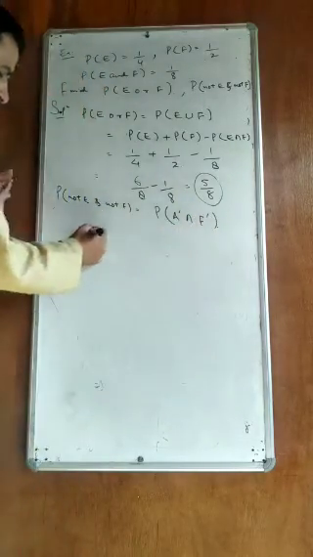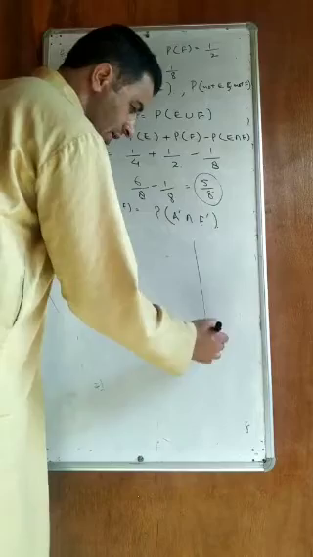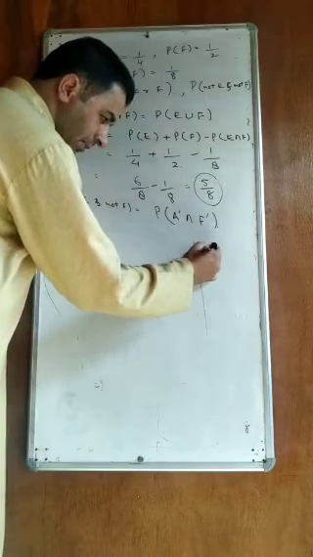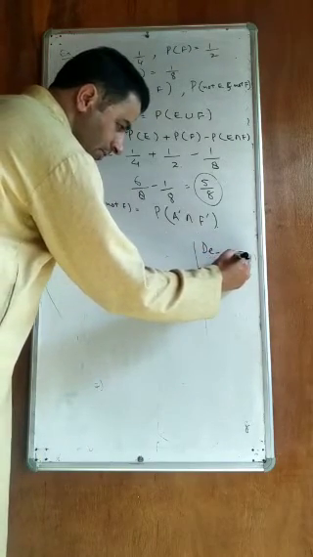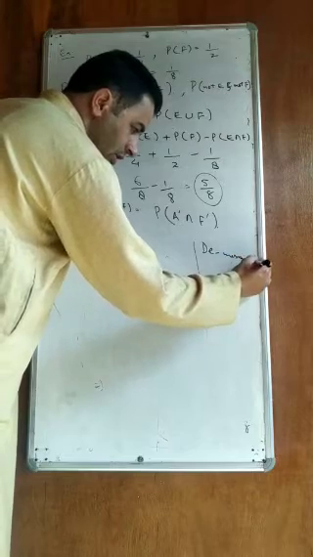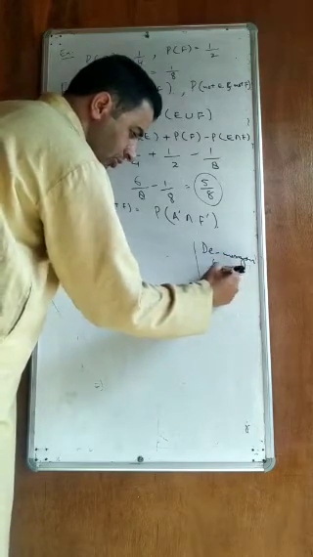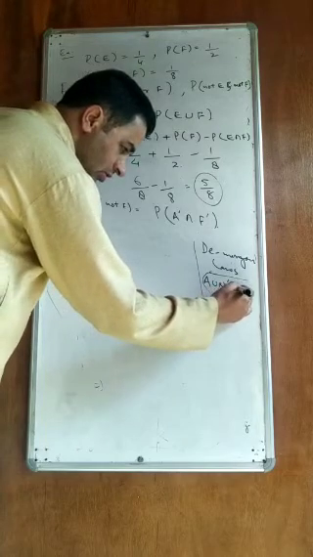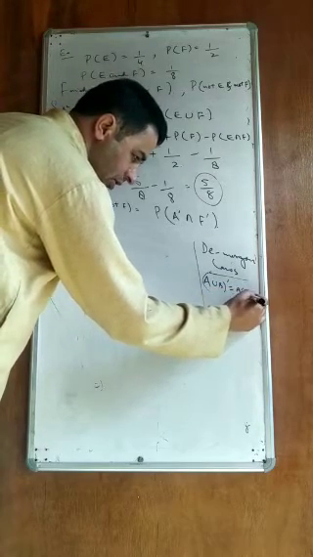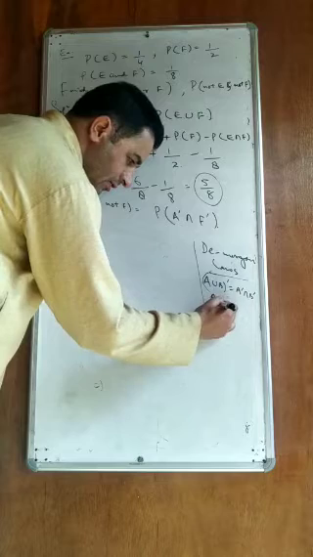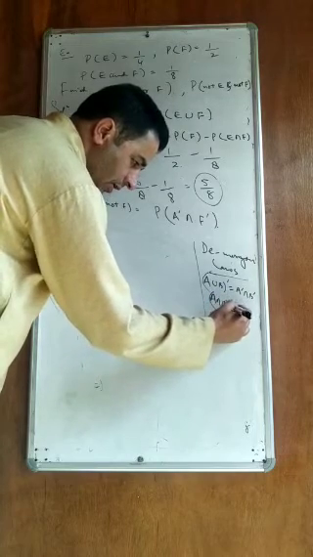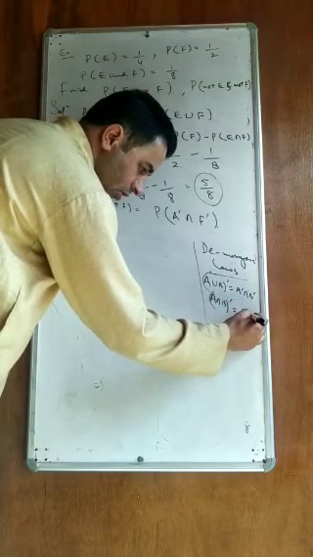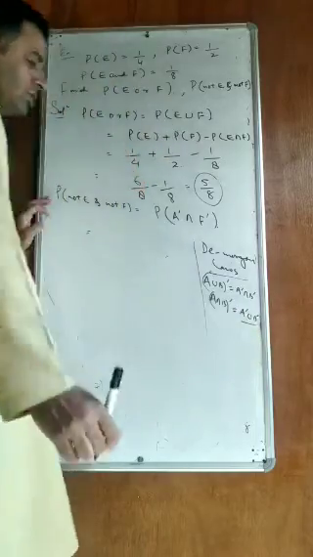Here we have to use the law we studied in sets, that is called De Morgan's law. De Morgan's law says A union B whole complement is equal to A complement intersection B complement, and A intersection B whole complement is equal to A complement union B complement.